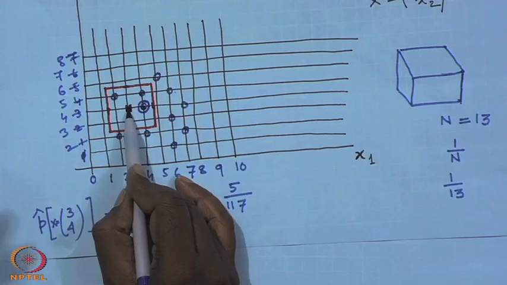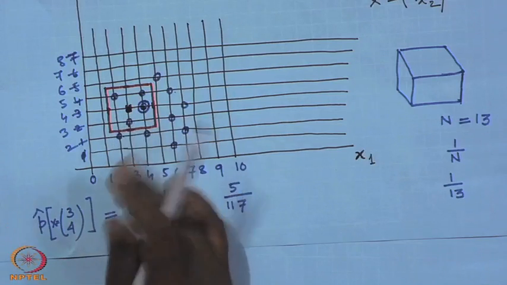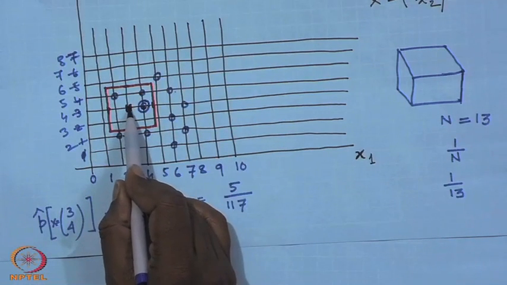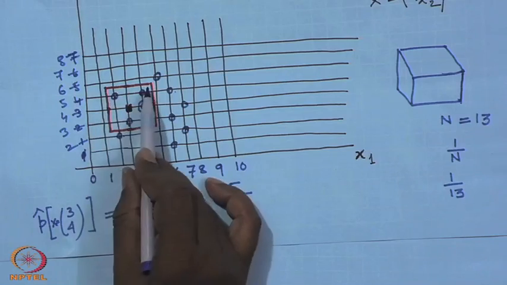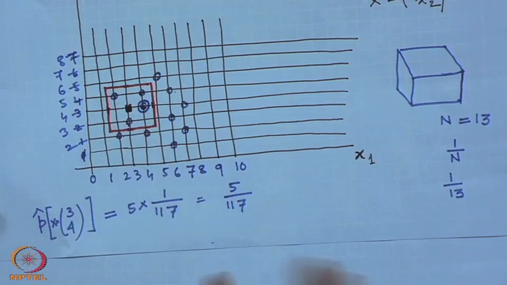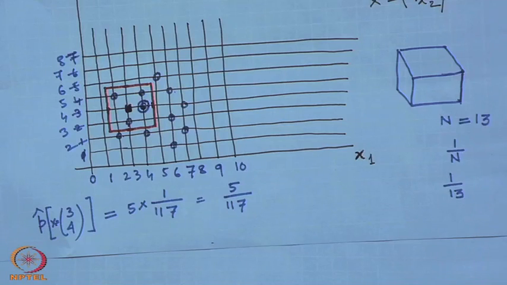As I said, this operation is the same as the convolution operation. Alternatively, I can place a box at location 3, 4 and find out how many samples are falling within the box at location 3, 4. Those samples multiplied by the height of the individual box give me the probability estimate at that particular location, and that is exactly what I have done.